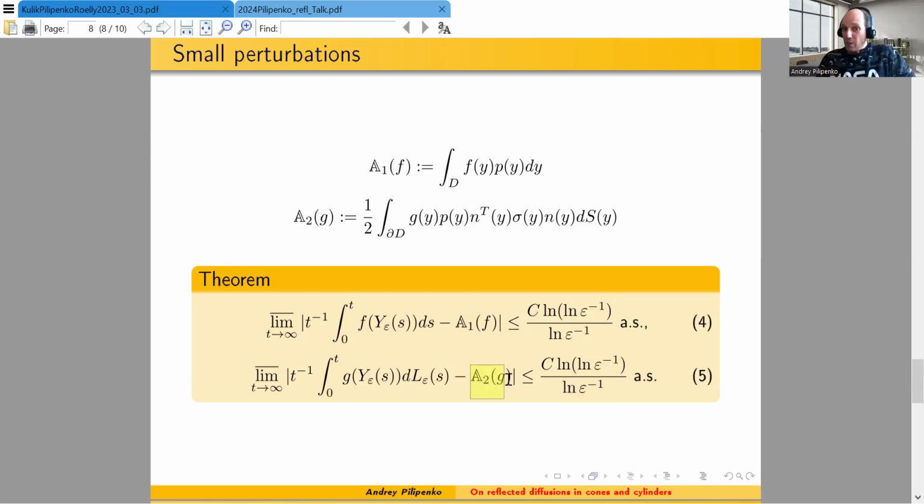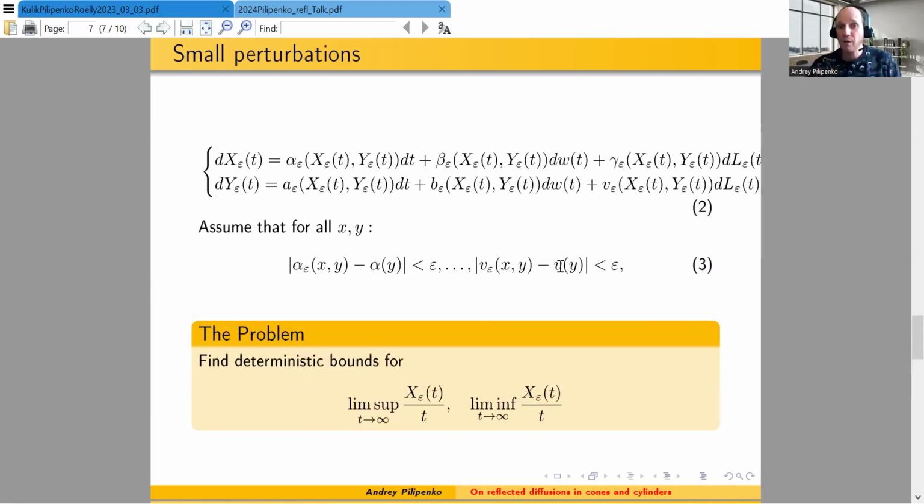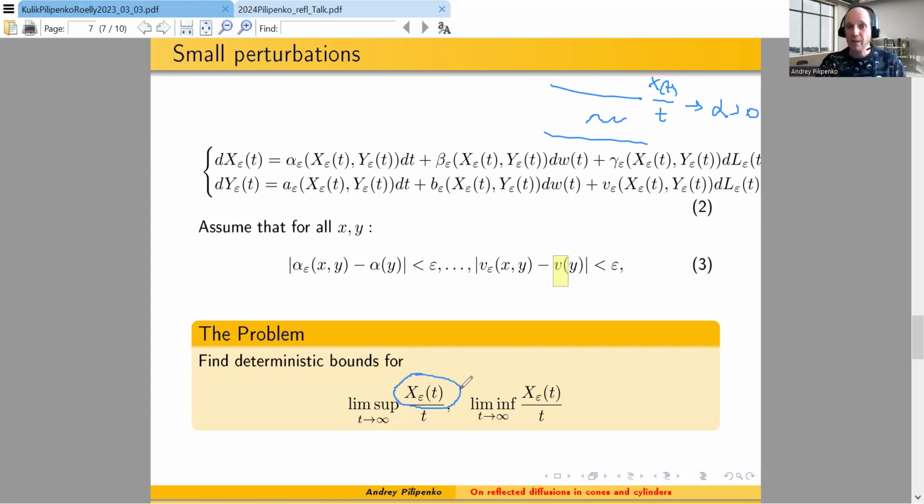For example, what does this mean? This means that if alpha, V, and so on are such that the process X of t over t converges to some constant which is positive, then the process X epsilon will converge to plus infinity, and we can say that it has a linear growth.